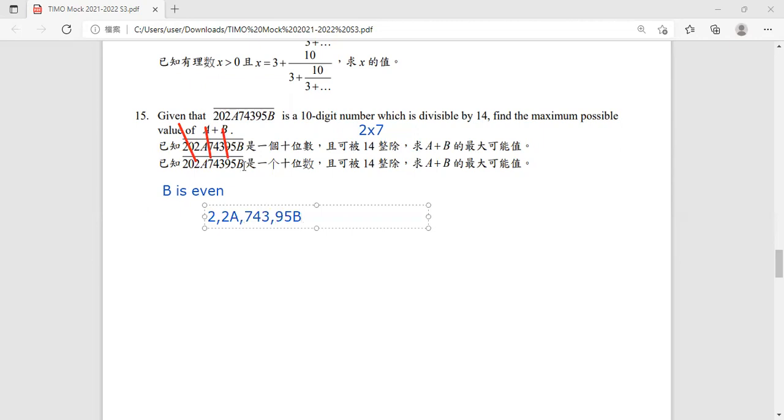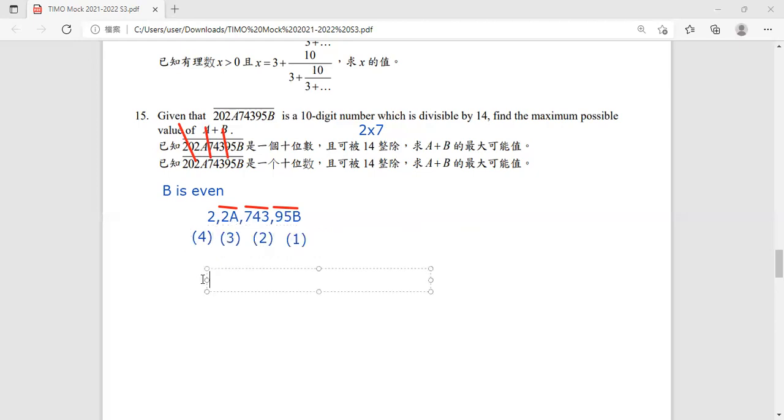And of course, it's a number, so I have to put a bar over it. Then split into groups. This is group 1 from the right-hand side, this is group 2, this is group 3, and this is group 4.